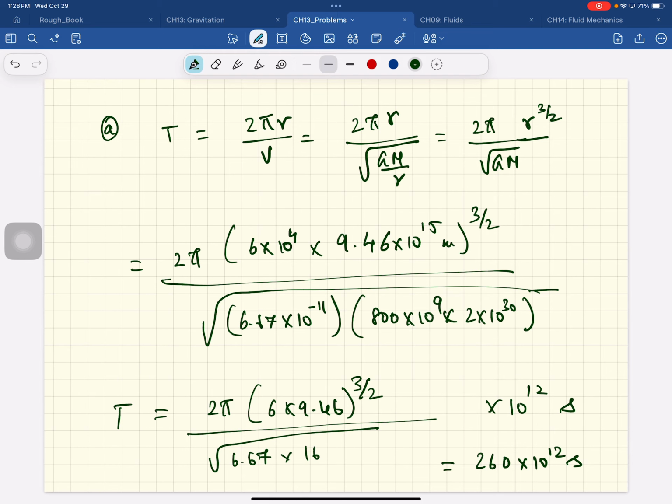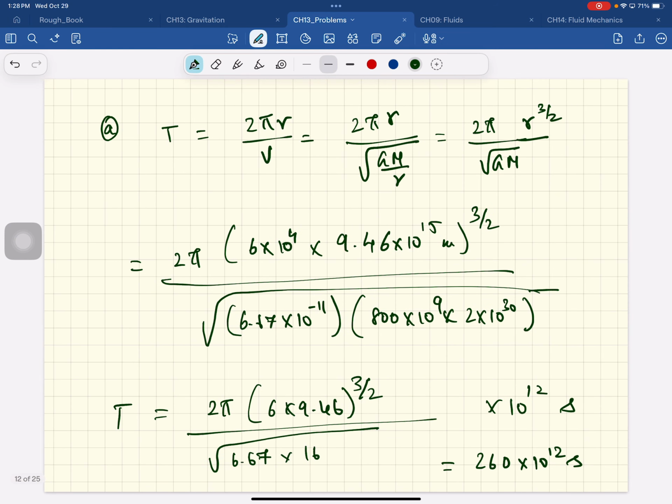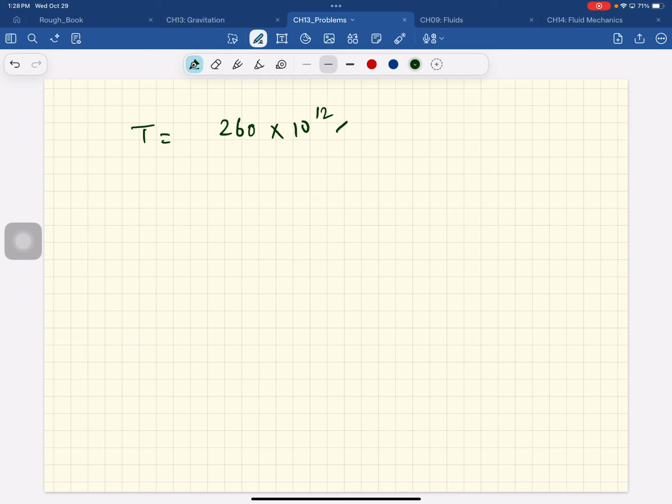Okay, so the period is 260 times 10 to the 12 seconds. And okay, each year has 365 days. Each day has 24 hours. And each hour has 3,600 seconds.